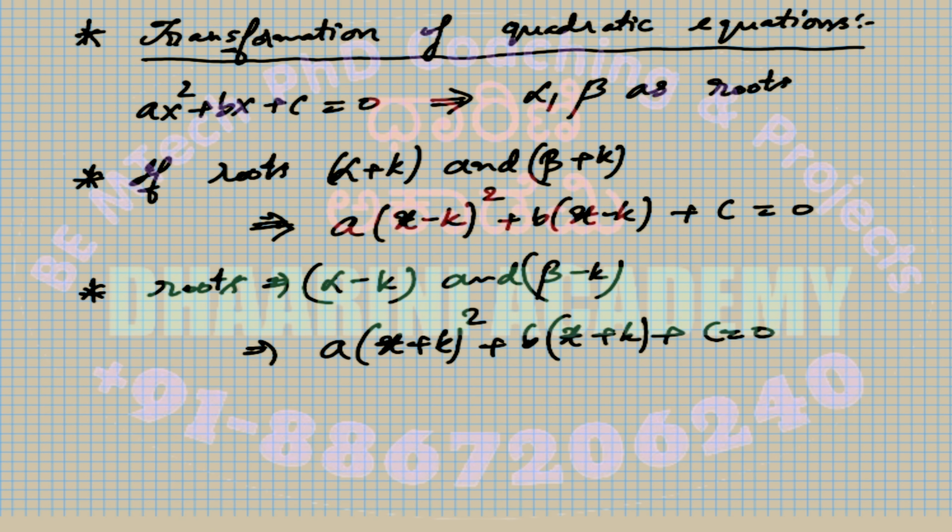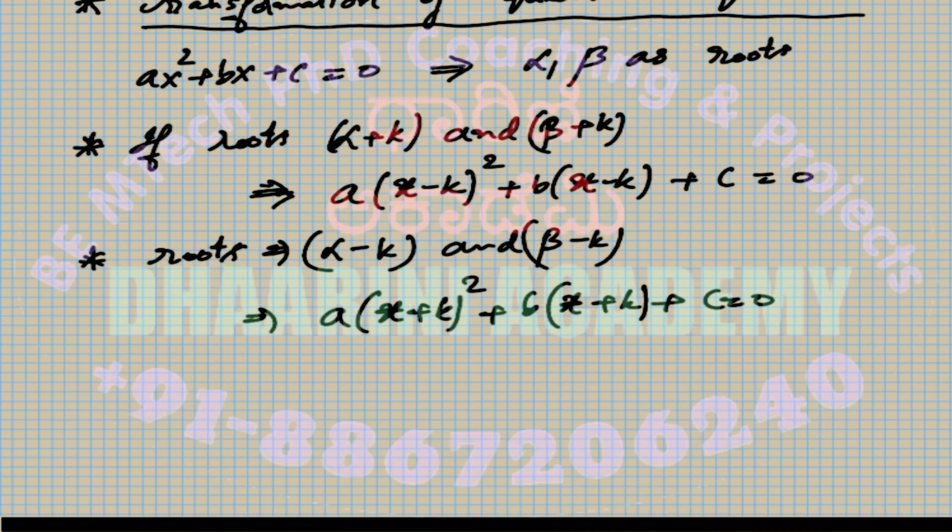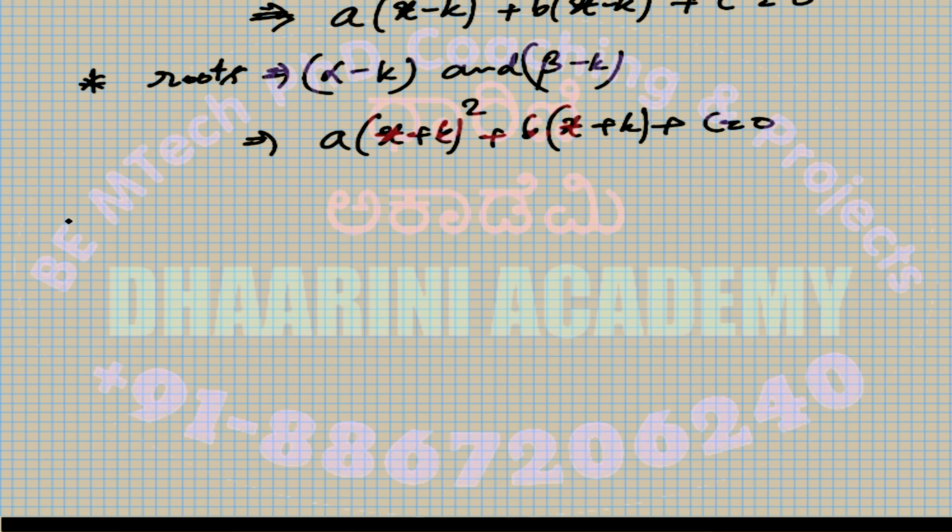Okay, then let's change the root in a different fashion. So if you want to change the roots by multiplying, so that is alpha k and beta k, then you multiply to the roots, divide in the equation.